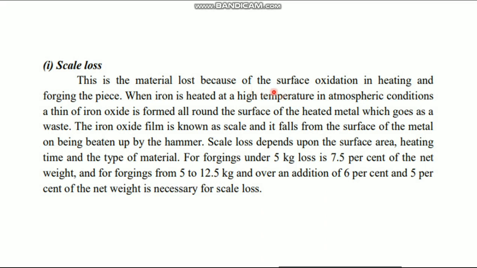This is scale loss. For forgings under 5 kg, the loss is 7.5 percent of the net weight, and for forgings from 5 to 12.5 kg and over, an addition of 6 percent and 5 percent of the net weight is necessary for scale loss.